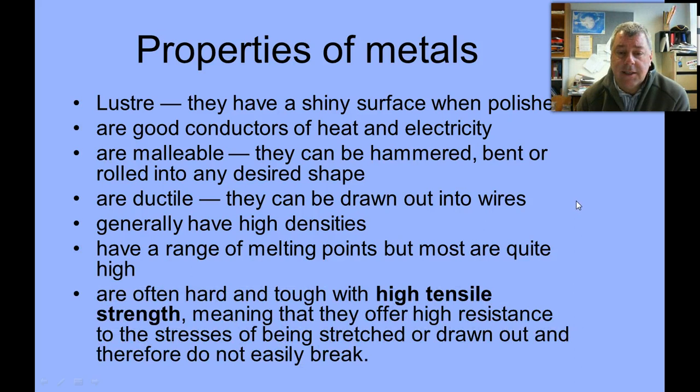Metals are often hard and tough with a high tensile strength. Tensile meaning that they offer high resistance to stresses of being stretched and drawn out, and therefore do not easily break.